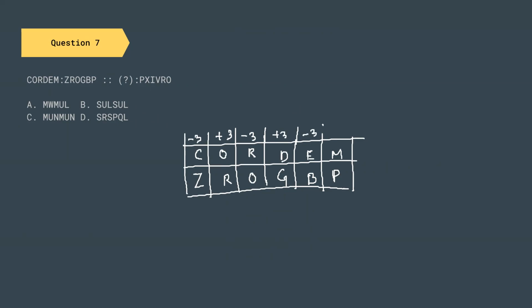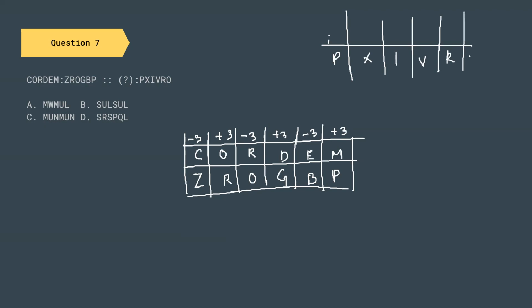This will be minus 3 and this will be plus 3. So now that we have this pattern, let us try with this particular word. The resultant is P, X, I, V, R, O.